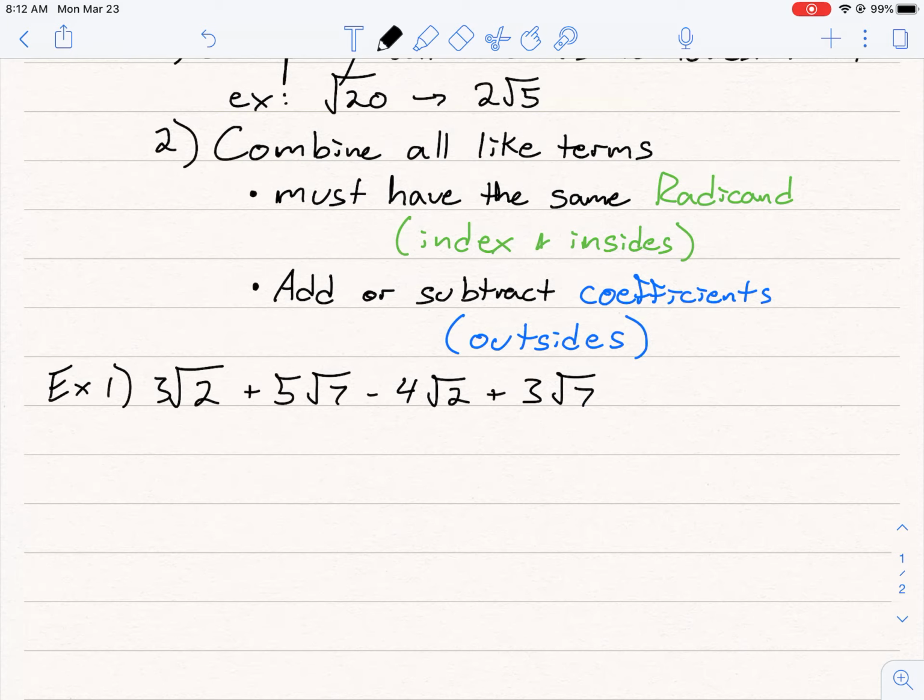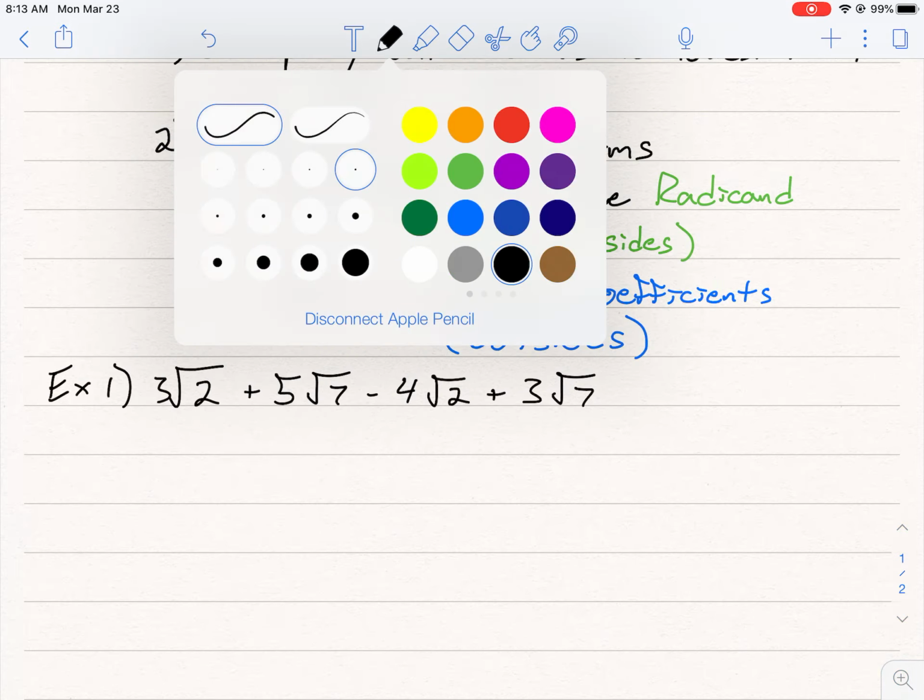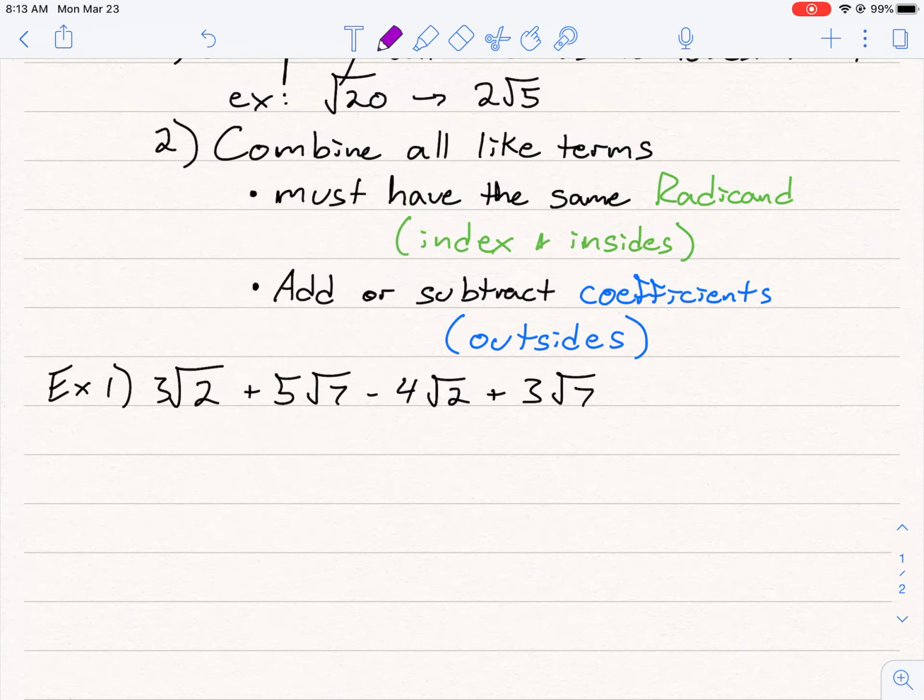Now, the first thing that we want to do is make sure that all of these radicals are in their simplest form, and currently they are. Square root of 2 and square root of 7 wouldn't simplify down anymore. Now, combining all the like terms, they have to have the same radicand. As I look at this, this one has a square root of 2.